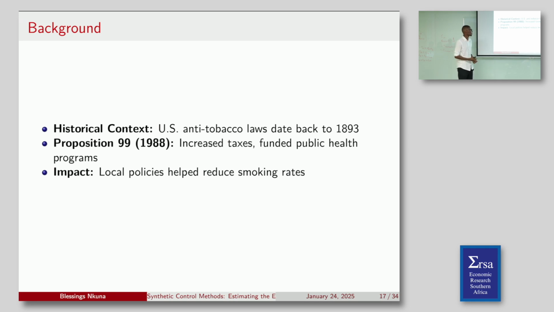It had a big effect, as you saw at the beginning of the presentation, 40 to 30%. The impact: local policies helped reduce smoking rates, seen through, or proxied by, cigarette sales.